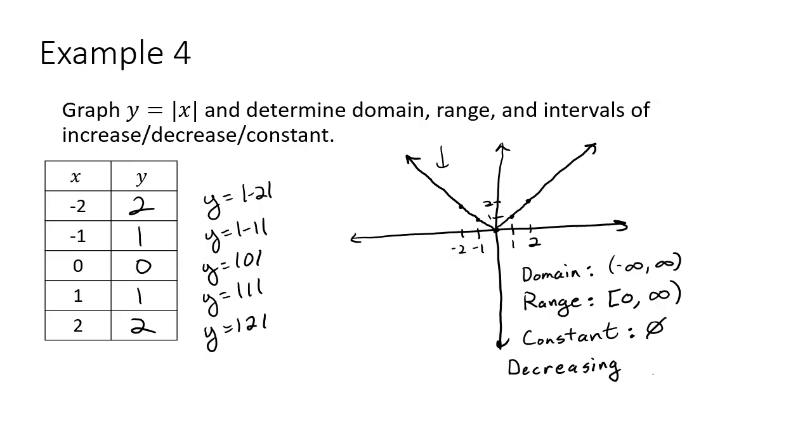So this thing would be decreasing from -infinity up to an x value of 0. And to the right of the vertex, the function is getting bigger from left to right. So this thing is increasing from an x of 0 to positive infinity.